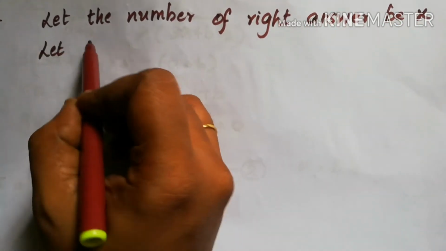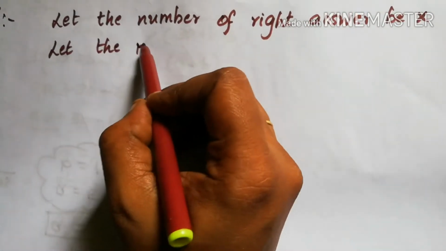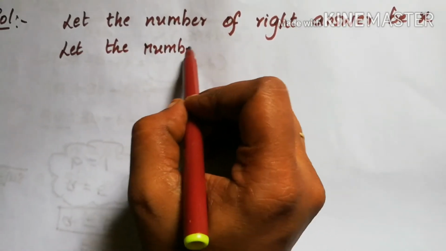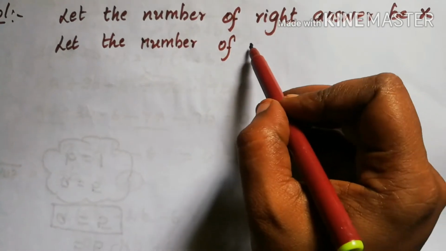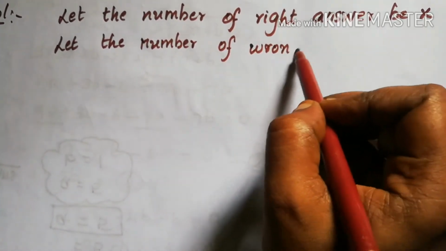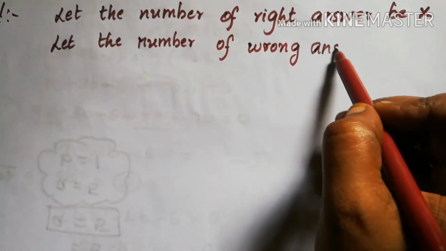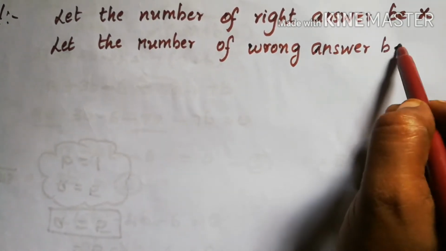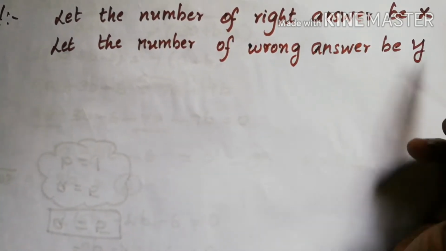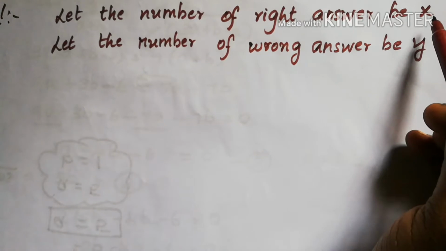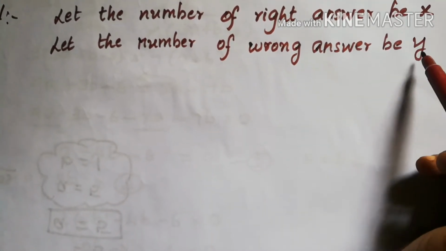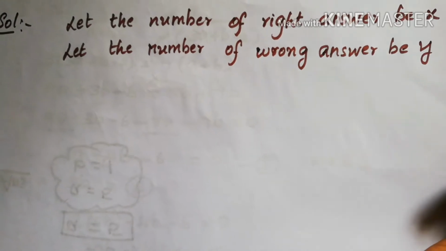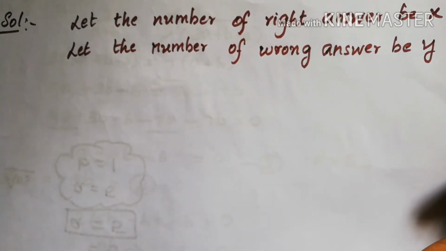And let the number of wrong answers be some y. So we have assumed the number of right answers as x and number of wrong answers as y. So when you add the right and wrong answers together, you will get the total number of questions. That is the question asked.